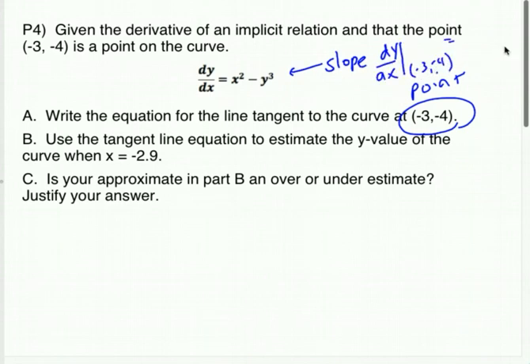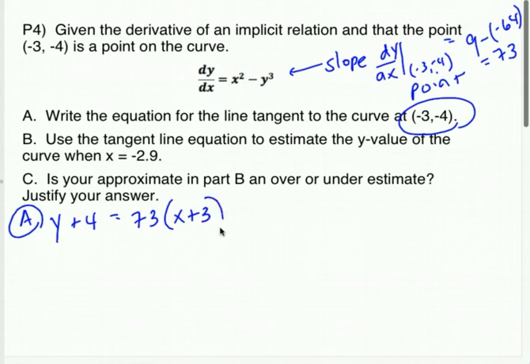So that's going to end up giving me a 9 minus a -64, right, which should give me a 73. So in A, I'm going to get y minus the y value, which will be y plus 4, equals 73, x minus the x value, which will be x plus 3.